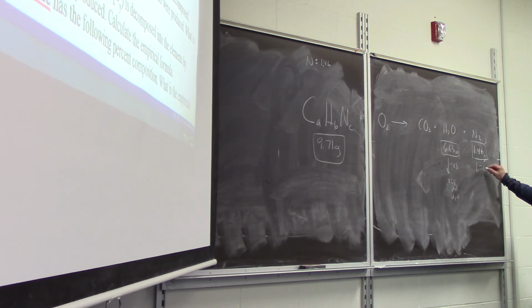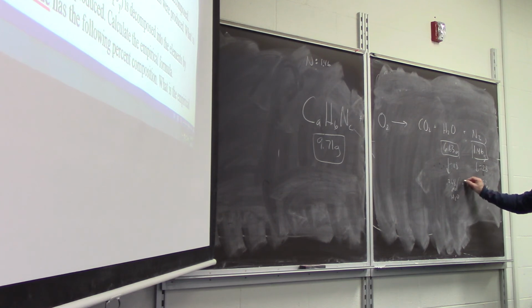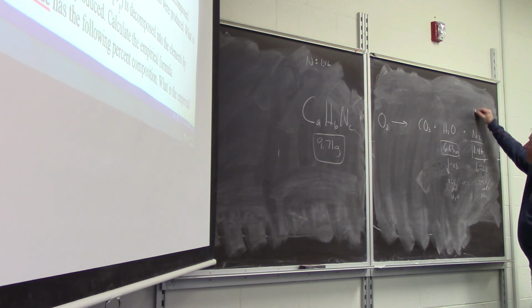And this one, divide by 28, is 0.052 moles. Divide both of those by 0.052. So we get 1 and 2.